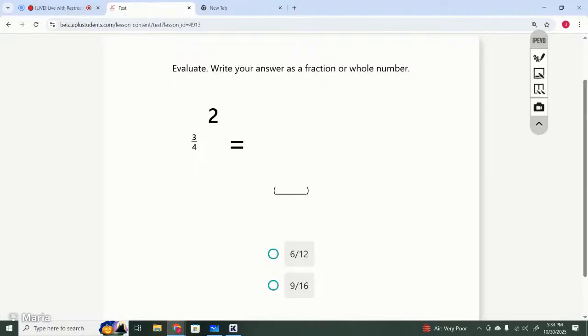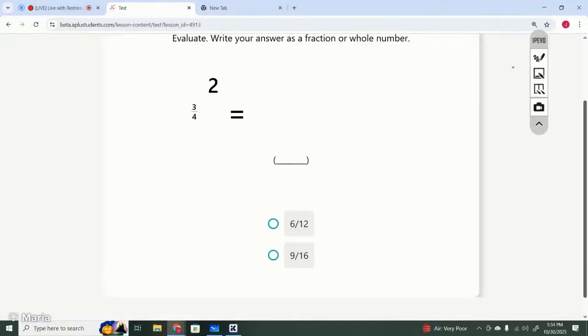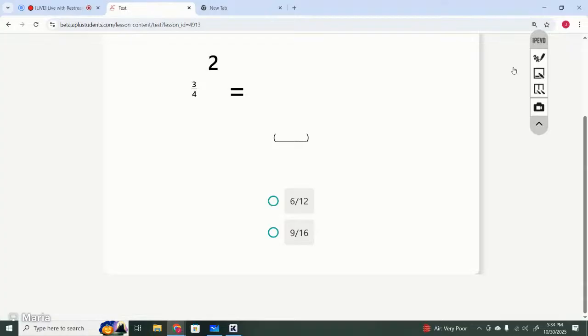That would be 9 over 16. Option number 2 is the correct option.